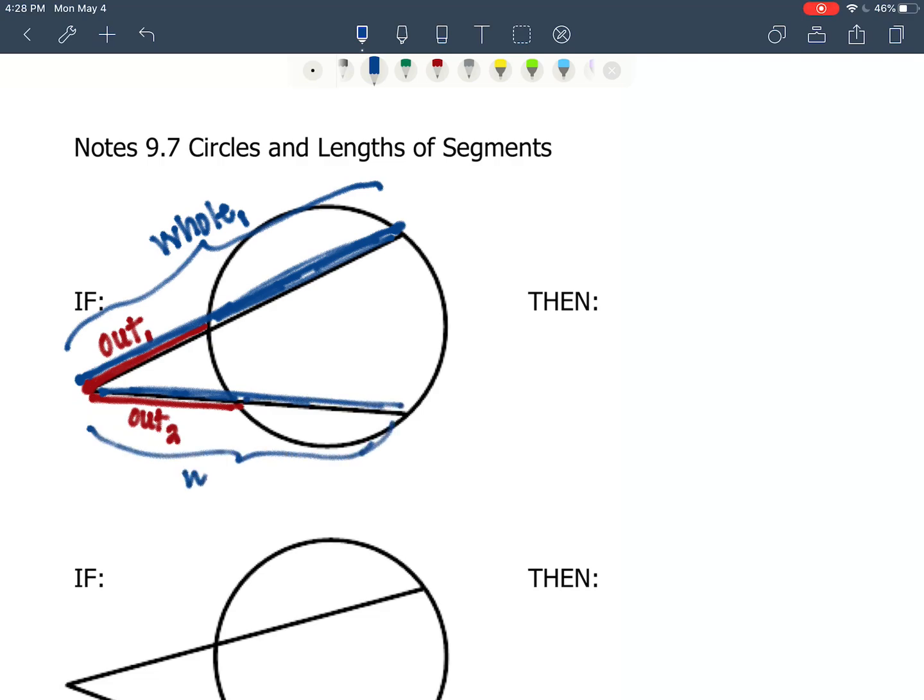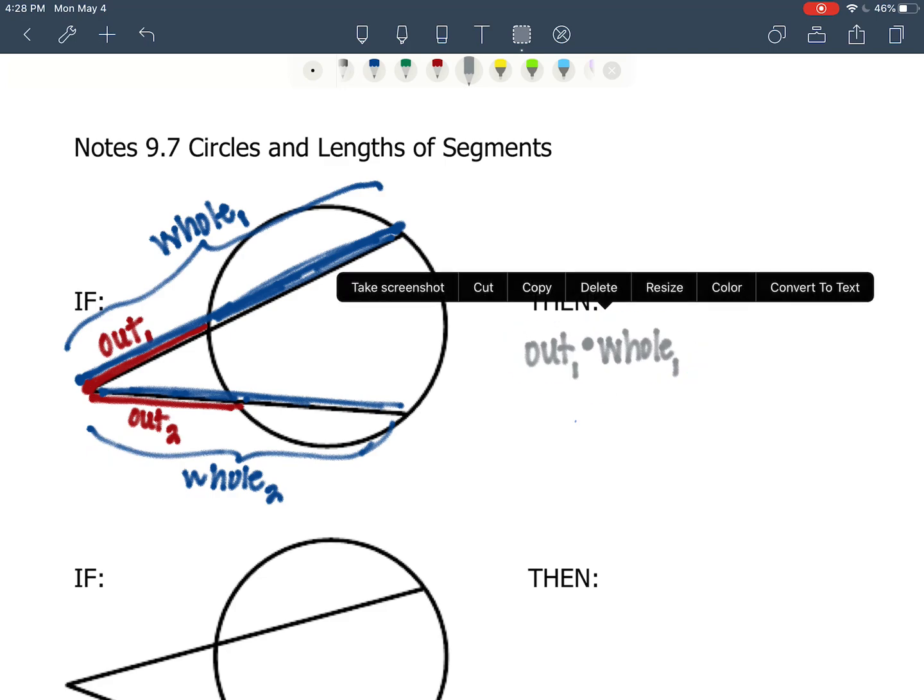So the whole part of the second secant. And we're going to be talking about the lengths of the segments that are made here. We've got the outside of the first one times the whole length of the first one. Let me write this here.